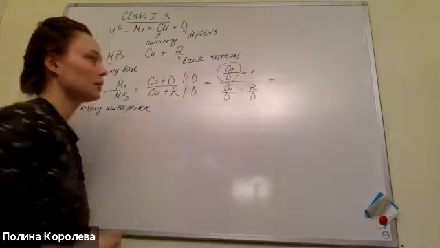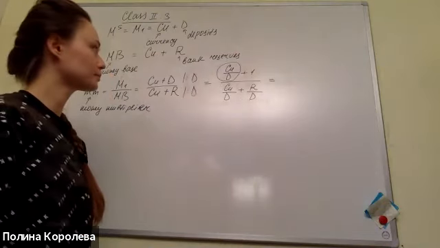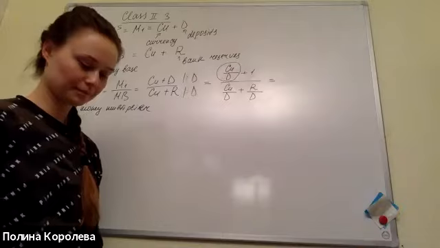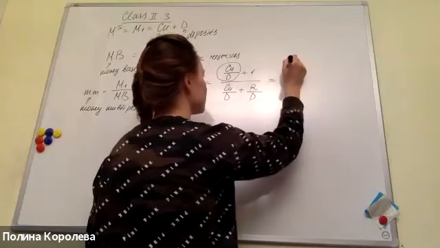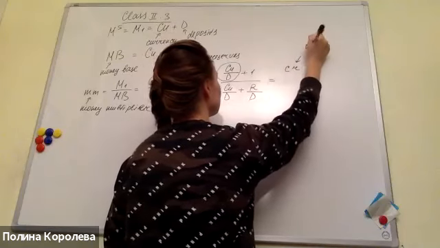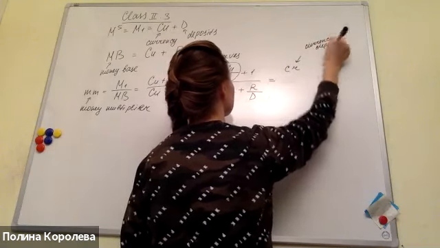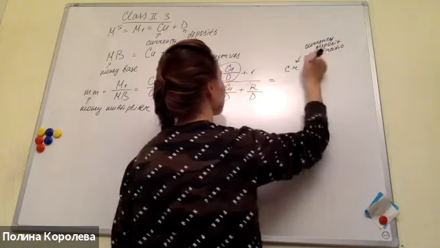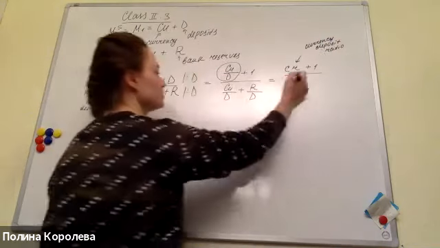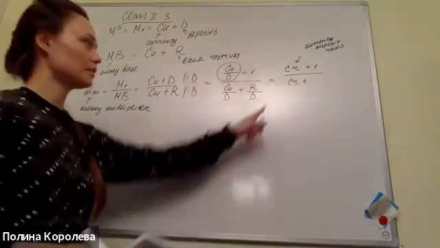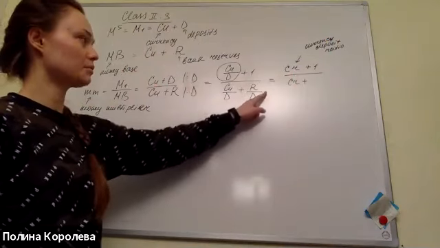What do you call this thing, currency divided by deposits? It's the currency deposit ratio, CR. So CR plus 1. And here, CR plus R over D, which is the required reserves ratio.